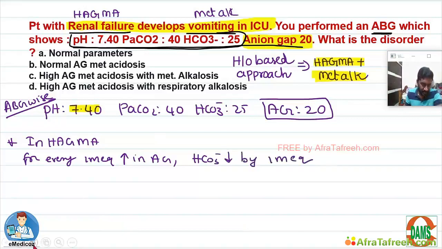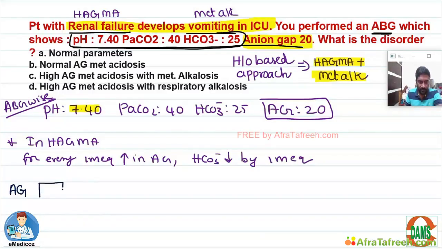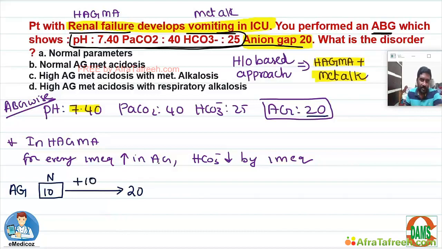Now let us see whether this relationship is followed here. So what is happening to the anion gap here? If you take normal value as 10, here in the question it is 20. So anion gap has increased by 10. So following this relation, what exactly should have happened?